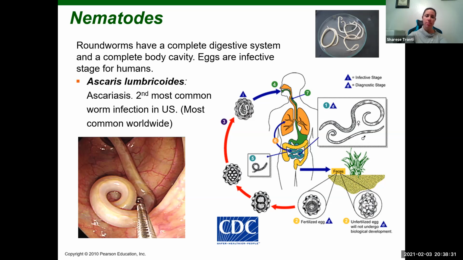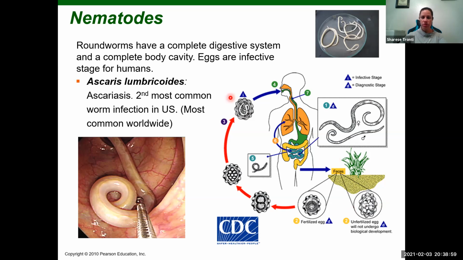So here is an example of Ascaris. Ascaris is the second most common worm infection in the United States. And they have a little bit of a different life cycle because we don't have a different species serving as a definitive host. So what happens with the Ascaris infection in humans?